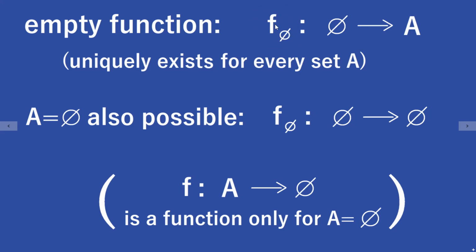It is even possible that this set A here is the empty set too. So you have an empty function from the empty set to the empty set. By the way, a mapping from a set A to the empty set only works out if A is the empty set too. The reason is the mathematical definition of a function.